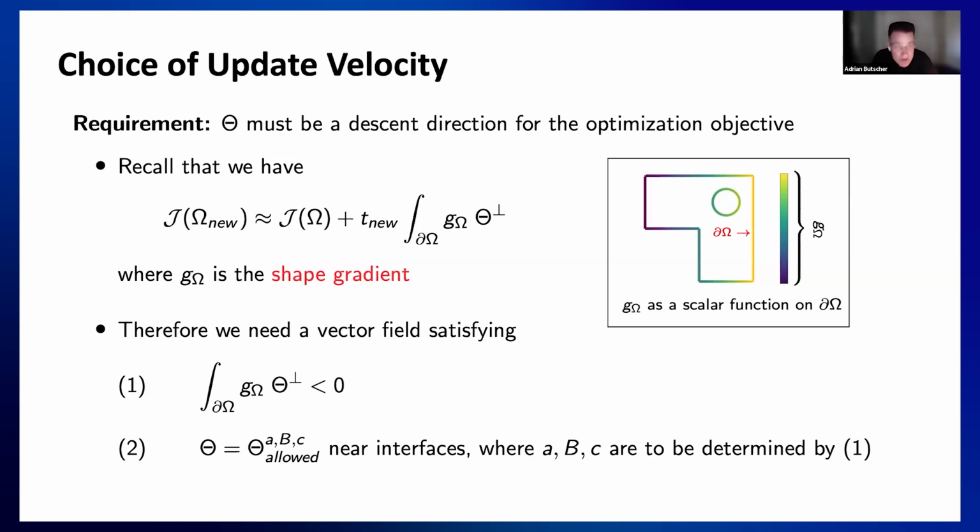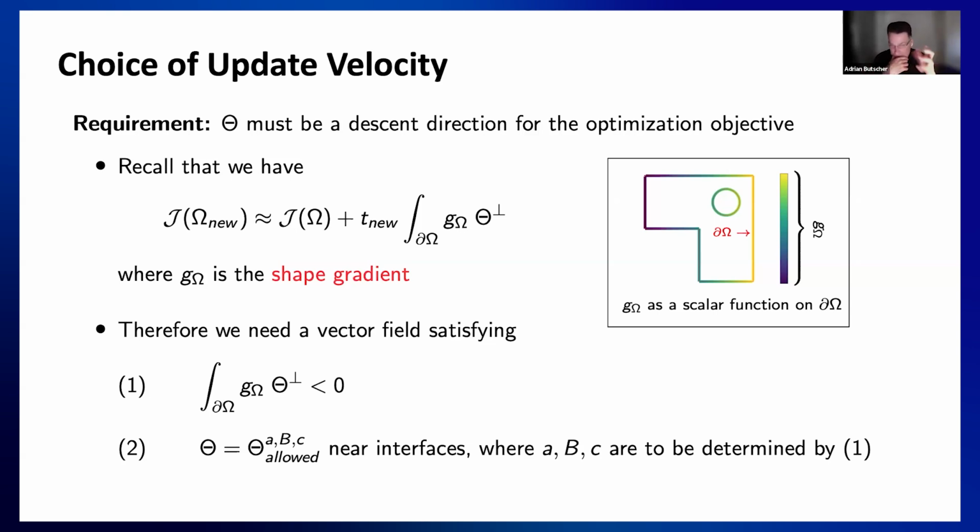The way you understand that requirement is you do a first order Taylor expansion of the objective function in shape changes. And we have this well-known formula in topology optimization that the first order change is given as the surface integral of an object known as the shape gradient, which you can hand derive, compute and work with.